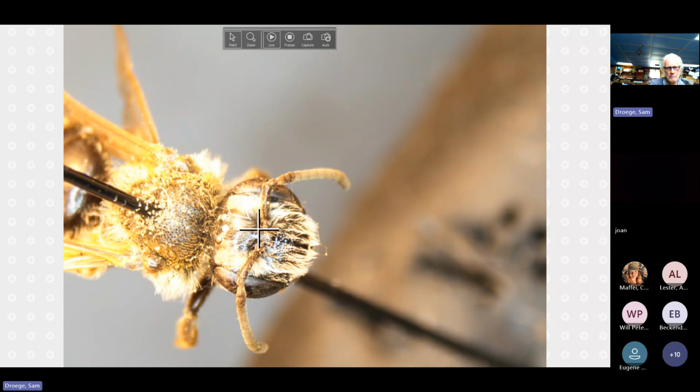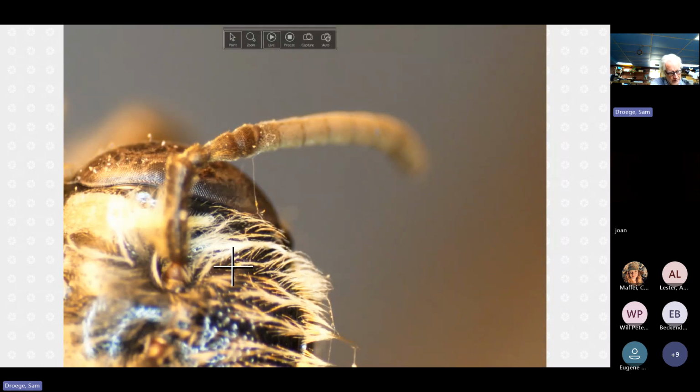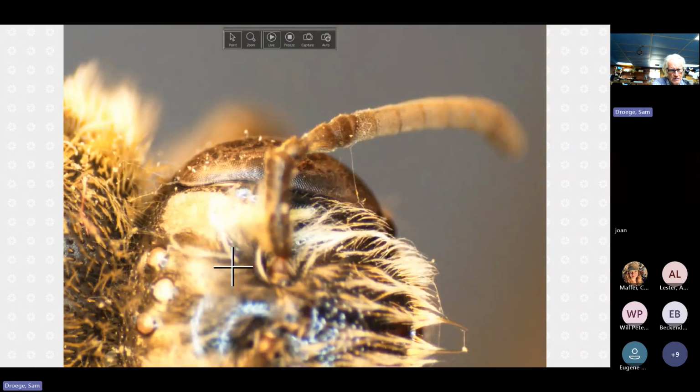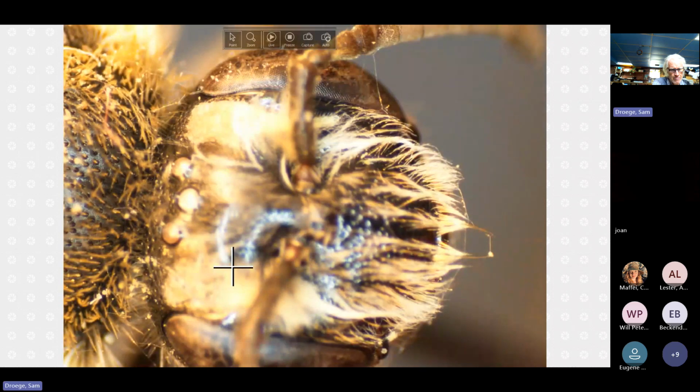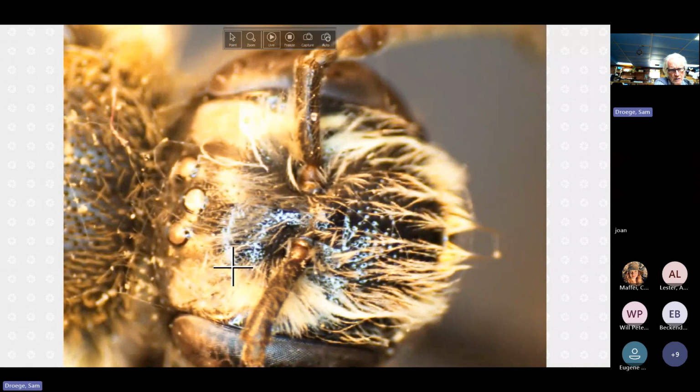And the upper part, you maybe get a hint that you're seeing some glossy areas. But again, we're getting so much reflection from here that it's obscuring some of what's going on.